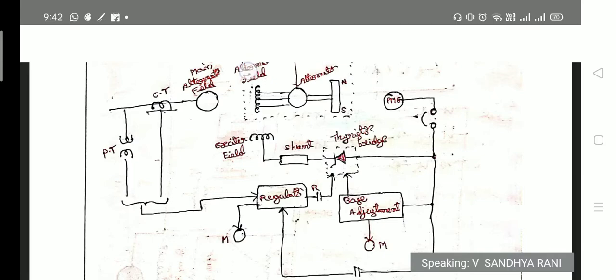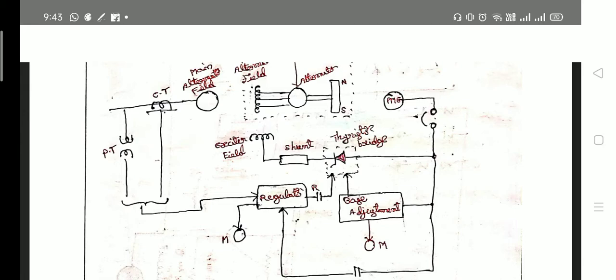Here also the dashed line is the rotating rotor excitation system, and here we are connected with one main field alternator. Here a permanent magnet generator is connected. This permanent magnet generator is connected to one regulator.